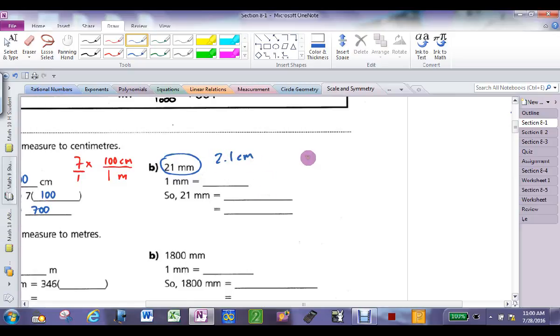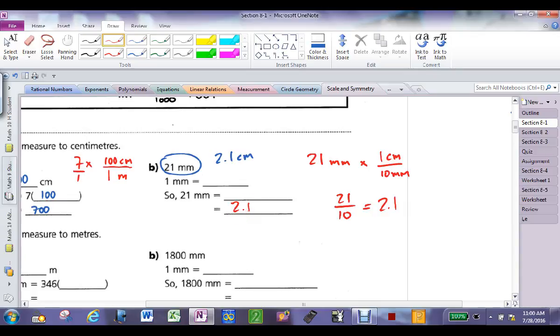What did I start with? 21 millimeters, yes? And what did I want? Centimeters, right? 1 centimeter is 10 millimeters, right? So this is really 21 times 1, it's really 21 over 10, correct? And when you do that on your calculator, you get 2.1. Same answer. Is everybody good with that?